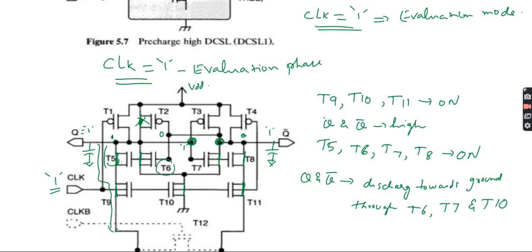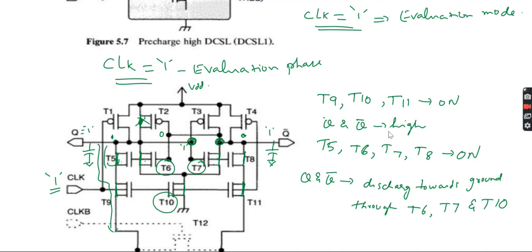See, T6 is on, T7 is on, T10 also is on. Then automatically what will happen? It will discharge through T10 actually, the Q bar. Okay, so it is discharged.